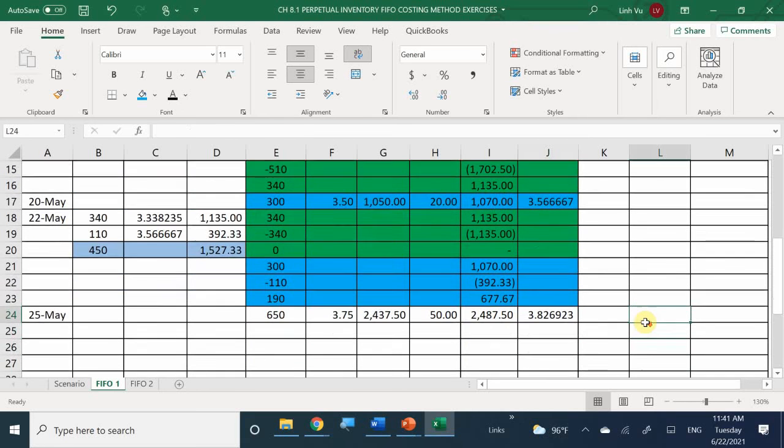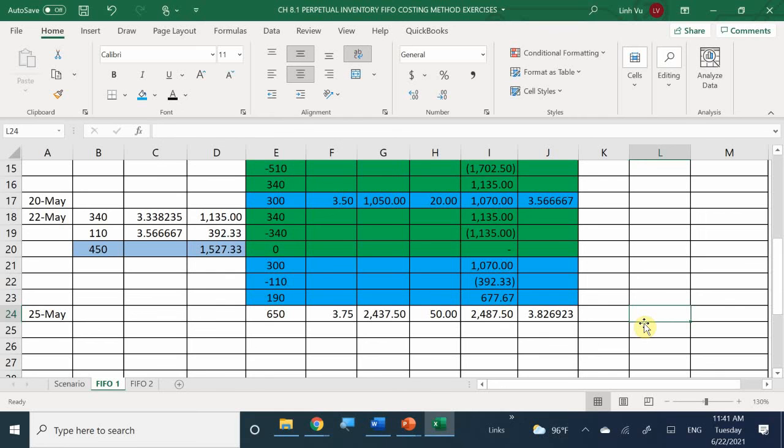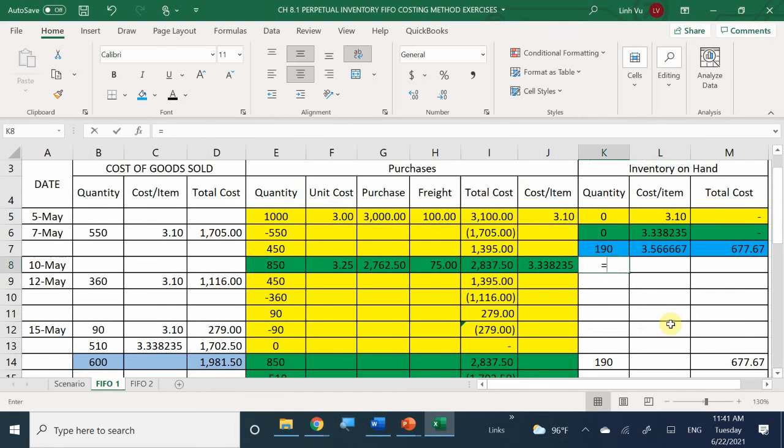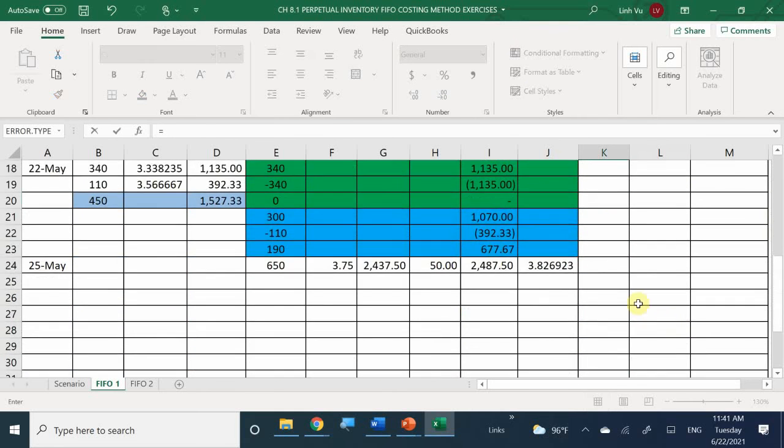Excellent. So now that I have my fourth batch of inventory, I'm going to place it on my inventory on hand, just so I can reflect my total goods available.